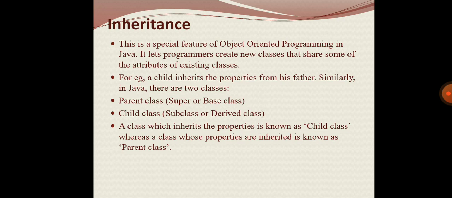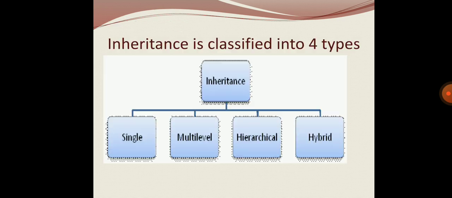A class which inherits the properties is called the child class, and the class whose properties are inherited is known as the parent class. In inheritance we have four different types: single inheritance, multi-level inheritance, hierarchical inheritance and hybrid inheritance.